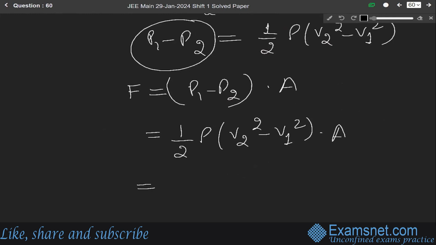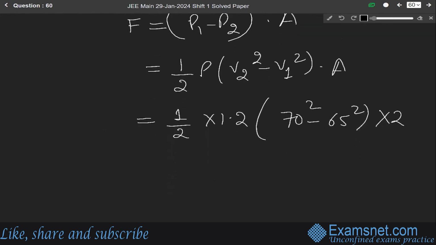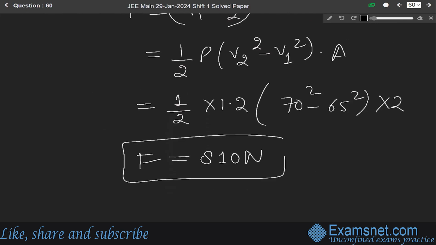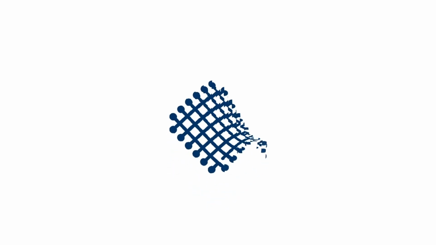So it will be equals to 1 by 2 into 1.2 into 70 square minus 65 square into 2. So it will be equals to 810 Newton. So force is equals to 810 Newton.